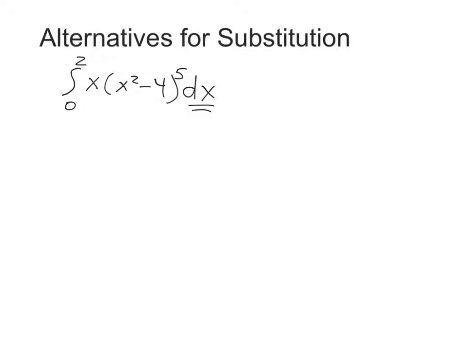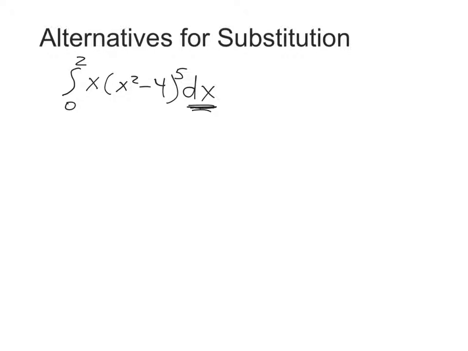Well, you really haven't seen where it does become important, and through substitution and through my alternative route for using substitution on this definite integral, we will see a good use for this dx.